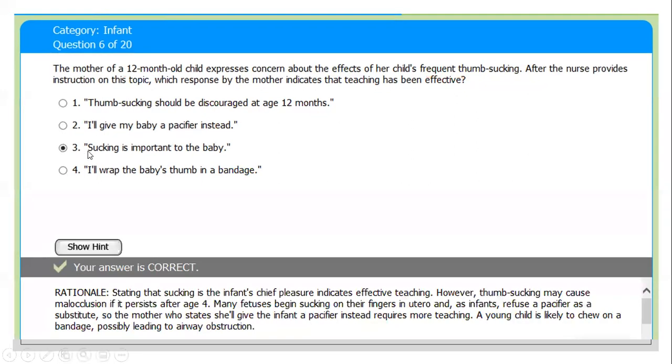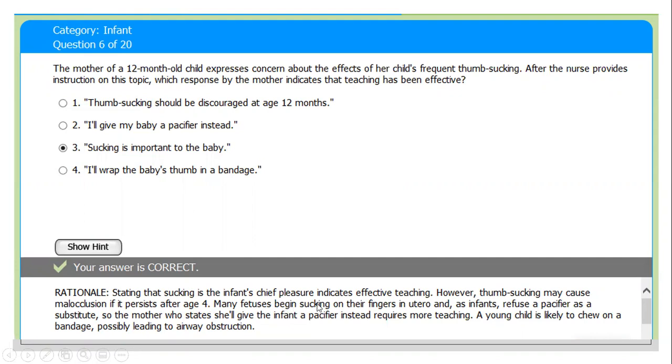Number three: sucking is important to the baby up to a certain time, but not a longer time. The mother has to know this. The rationale: the sucking reflex is the infant's chief pleasure, so this indicates effective teaching. However, thumb sucking may cause malocclusion if it persists after age 4.